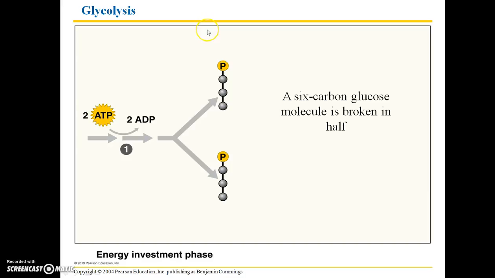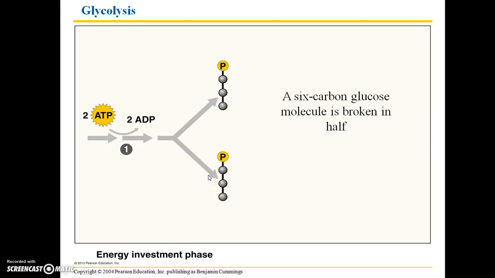Okay, here's a simple depiction of glycolysis. ATP is going to be reduced to ADP. Remember, a phosphate group is going to split off ATP, rendering it ADP. This is the initial energy investment phase.